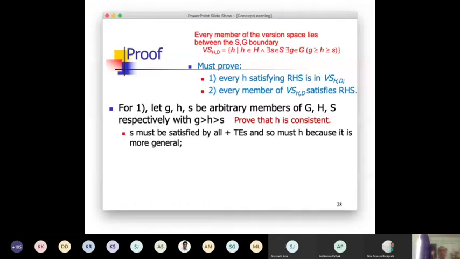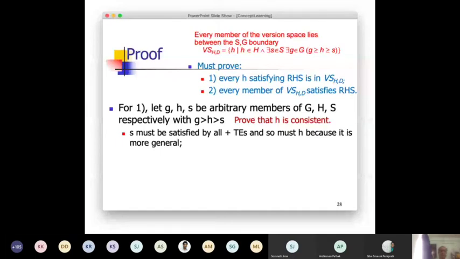Naturally, if H is more general than S, H satisfies all positive training examples, right? And since G is more general than H, H should not satisfy any negative training examples. It cannot satisfy any negative training examples. So that is how H is a consistent hypothesis.